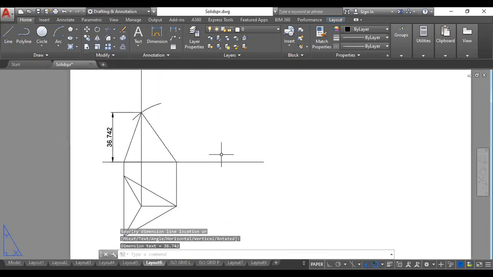This is the actual height of the tetrahedron, 36.742, which is not given in the question. But I require this data to solve any problem related to a tetrahedron. Please remember, if you get any problem related to a tetrahedron, the first thing is to find the height of the tetrahedron, and this is the procedure.